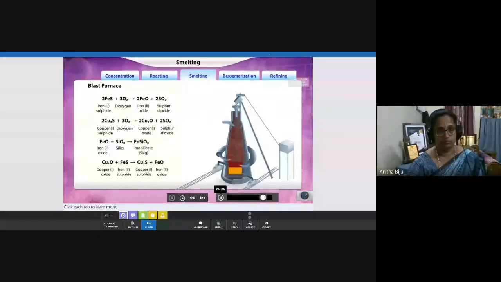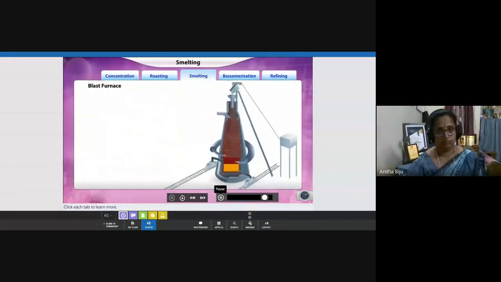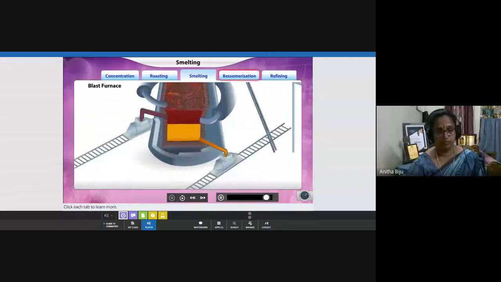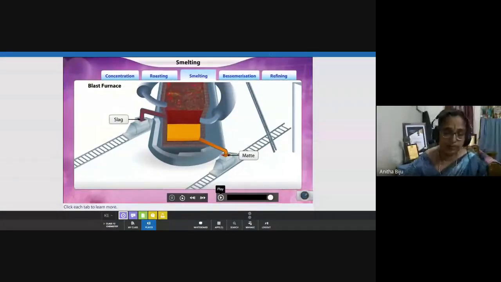Now, the molten material contains sulfides of copper 1 ions and iron 2 ions along with sand and coke. This is called matte. The slag and matte are removed from different outlets. Here you can write one important point, matte, M-A-T-T-E.